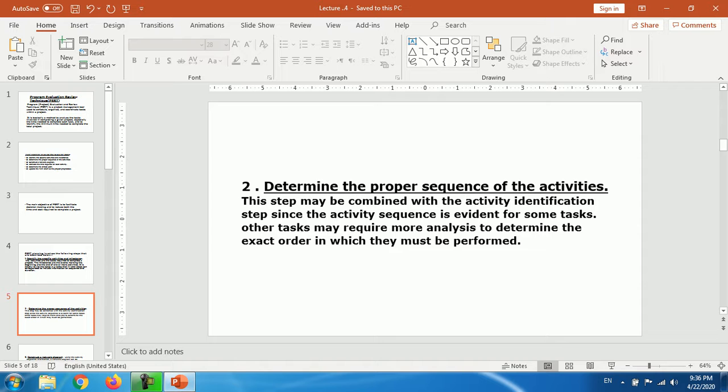Other tasks may require more analysis to determine the exact order in which they must be performed.